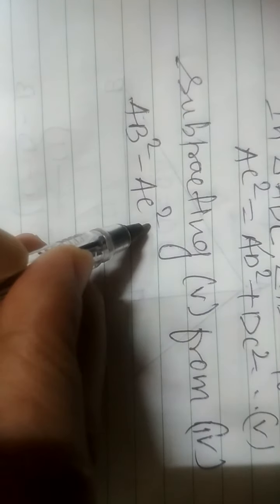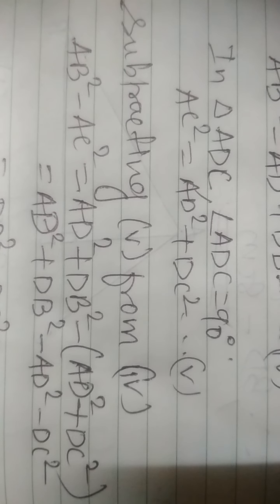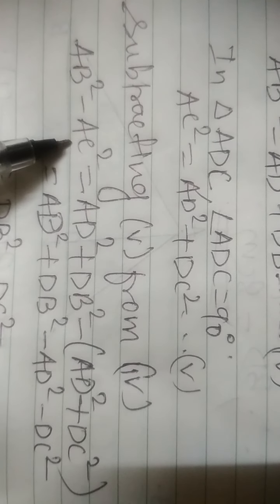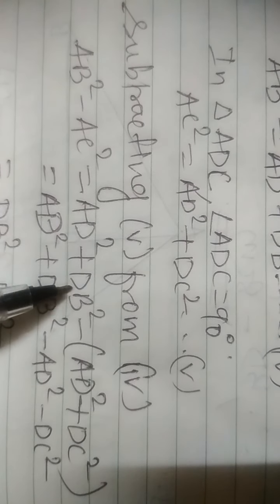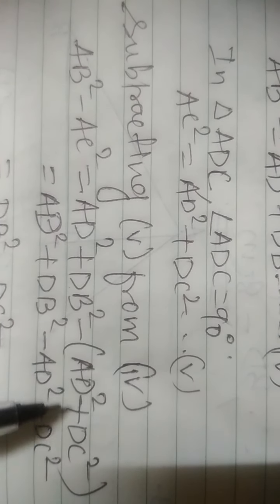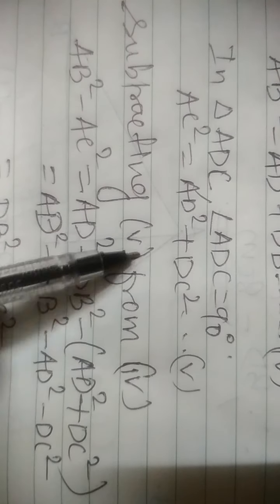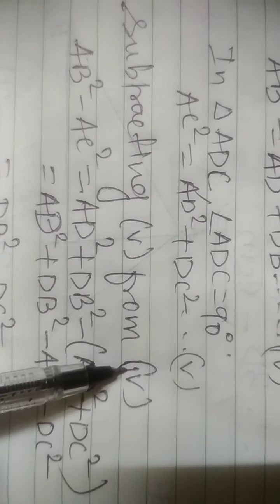AB square minus AC square equals AD square plus DB square minus AD square plus DC square.